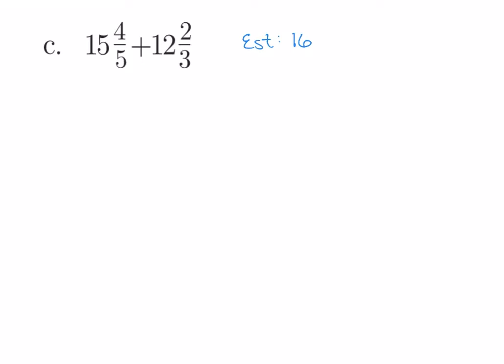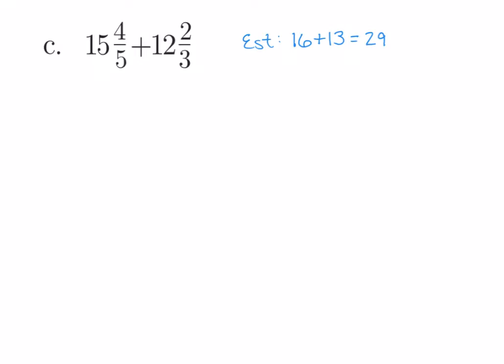What about 2/3? 2/3 is also larger than 1/2, so we're going to round up. We make the 12 into a 13, and we drop the fraction. And if we combine these, we get 29.